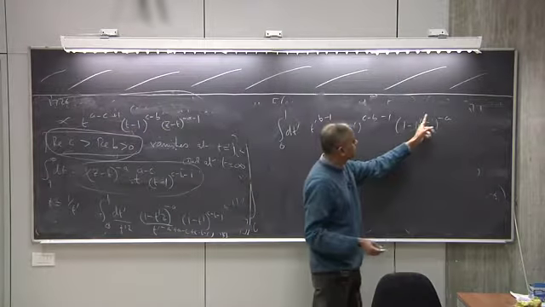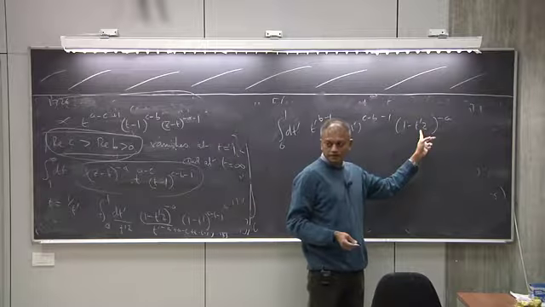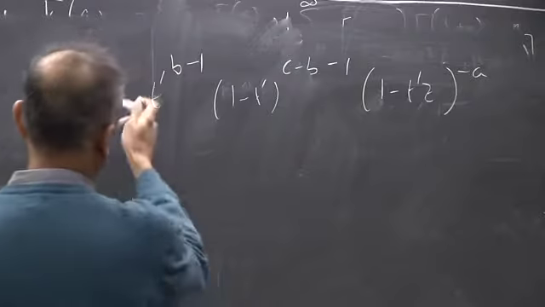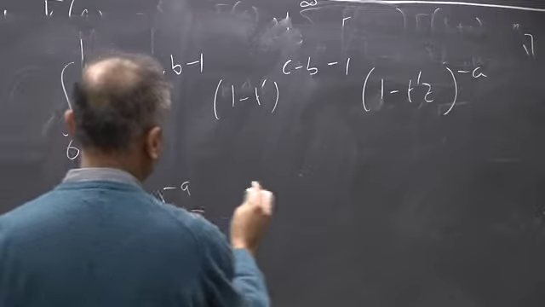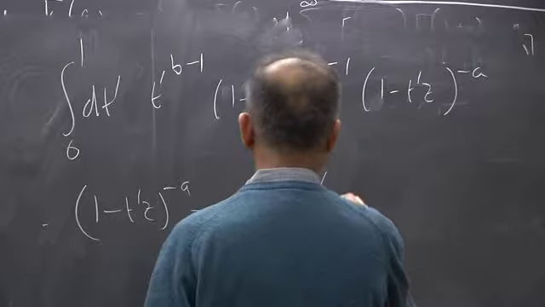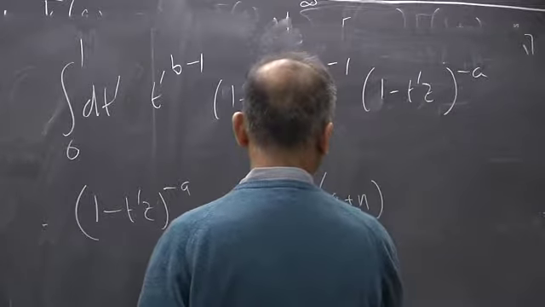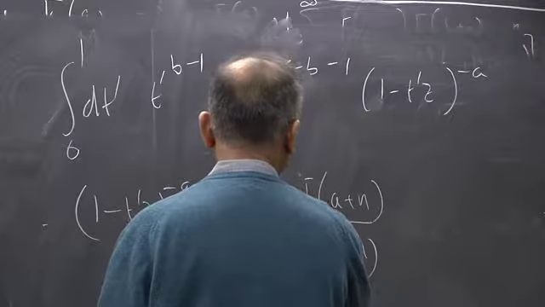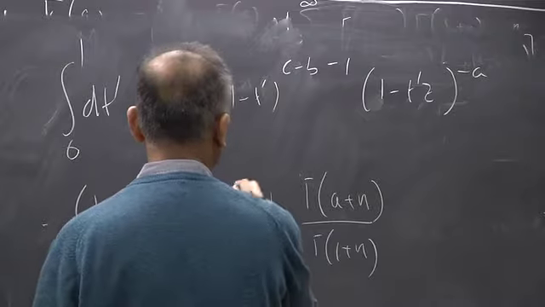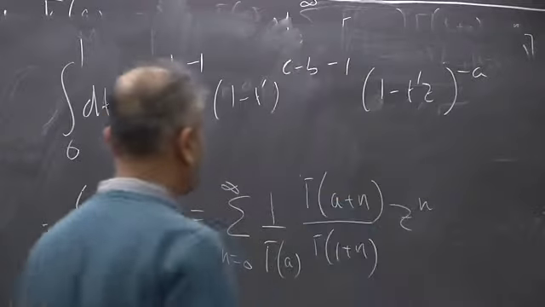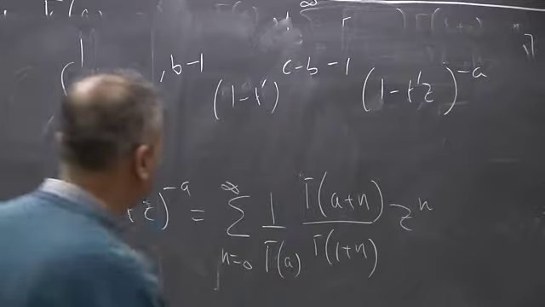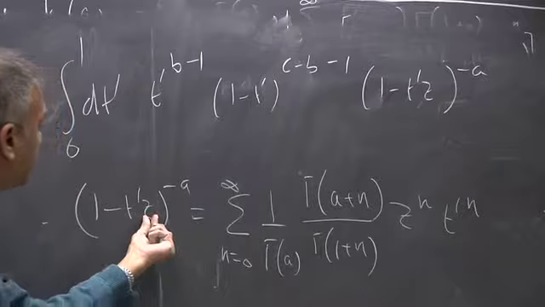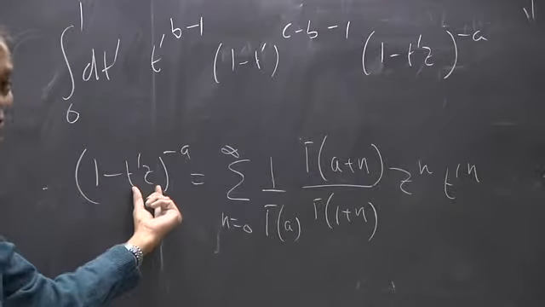Near z equal to 0, I can just make an expansion of this. (1 minus t prime z) to the minus a is simply, as we saw before, the sum over n of gamma of a plus n, over gamma a, gamma 1 plus n, t prime to the n z to the n, because z is small, and t prime is anyway between 0 and 1, so this quantity is also small.